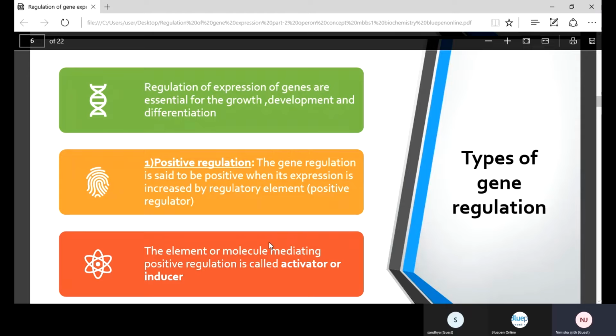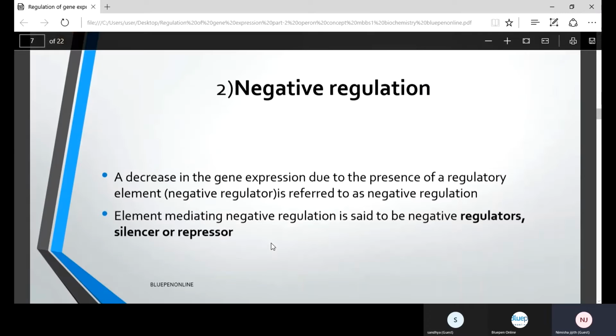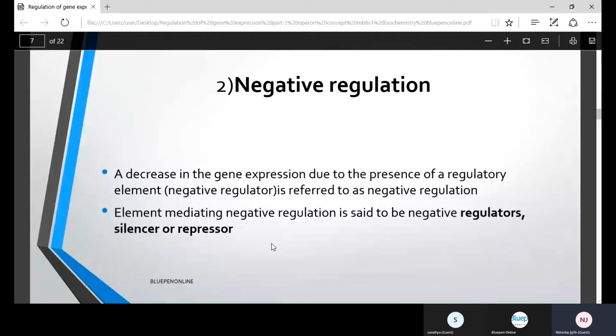Then one more type, known as negative regulation, a decrease in gene expression. This process is very important: increase in gene expression and decrease in gene expression. This decrease in gene expression occurs due to the presence of another regulatory element, known as a negative regulator, and that process is known as negative regulation.